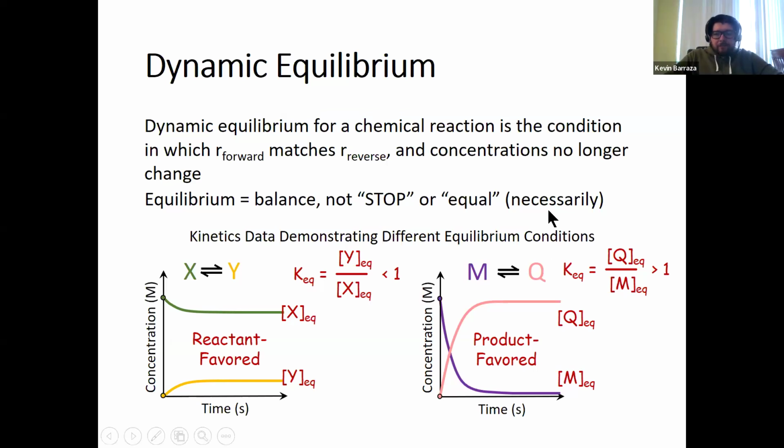The other question that was mentioned in the chat that I'll go back to now is, when we do this ratio, does the equilibrium constant have units? And the answer is no. The equilibrium constant does not have units. What that means is you don't have to try to do dimensional analysis for an equilibrium constant.